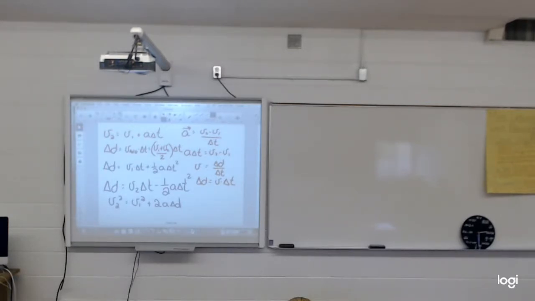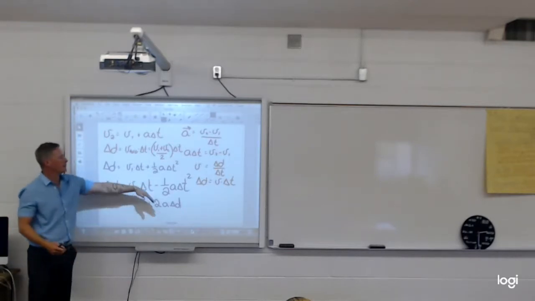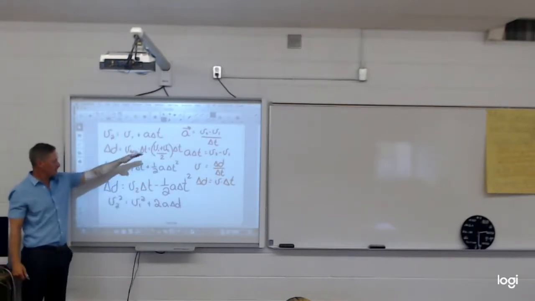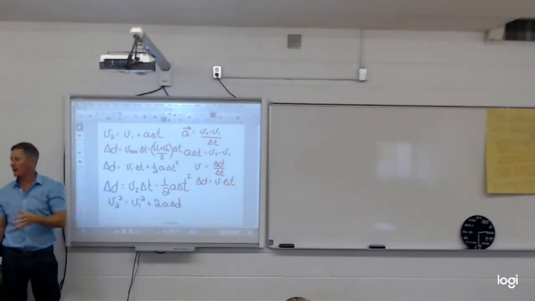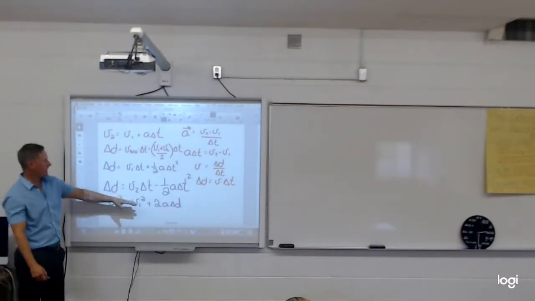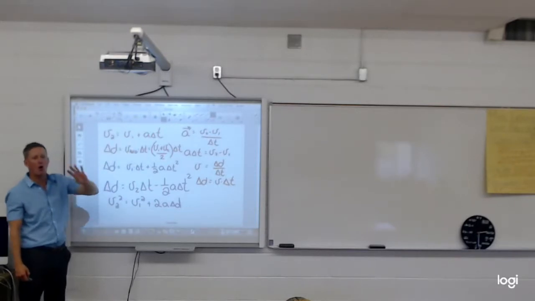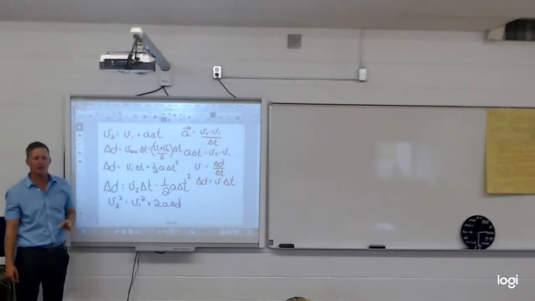In order to solve for the missing one, you're going to need 3 of them to be known to you. So what we're going to get practice doing is looking at the information that's given to me, finding out which piece I need, and then matching it up with the equation that has all 4 pieces of information.